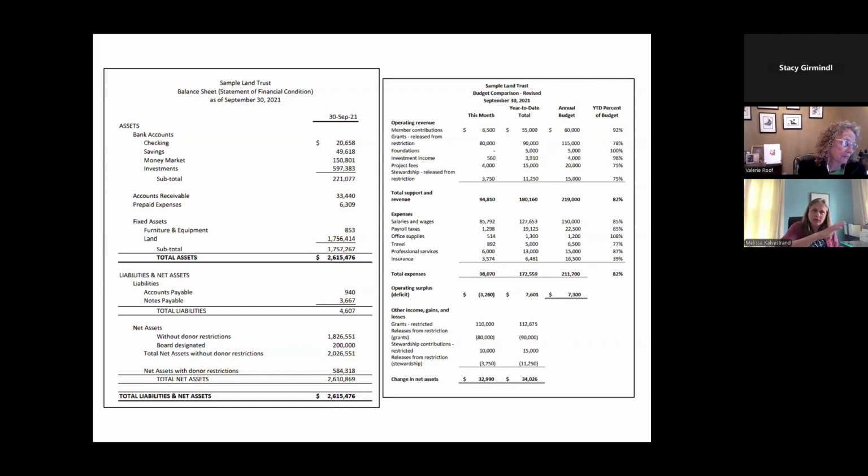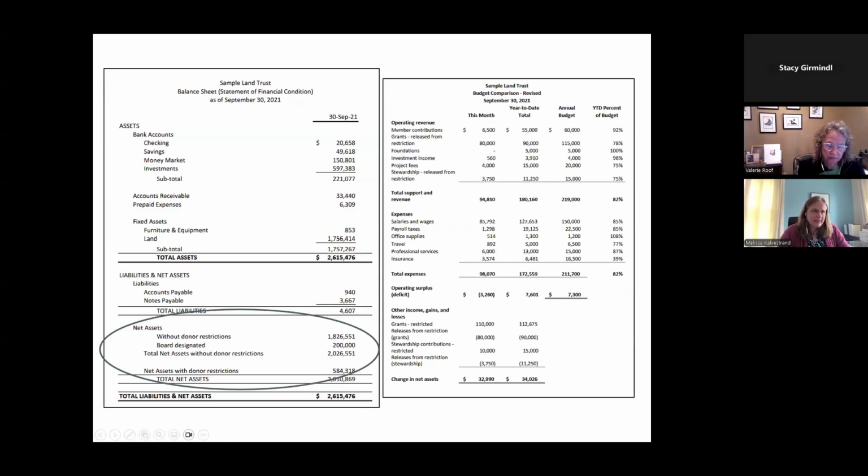When we're looking at how the organization is soliciting, classifying and tracking those funds, we're looking at their balance sheet, their net asset position, not the top line current assets, but the net assets section at the bottom, about how they're presenting what's without donor restrictions, what's board designated, and what's with donor restrictions.